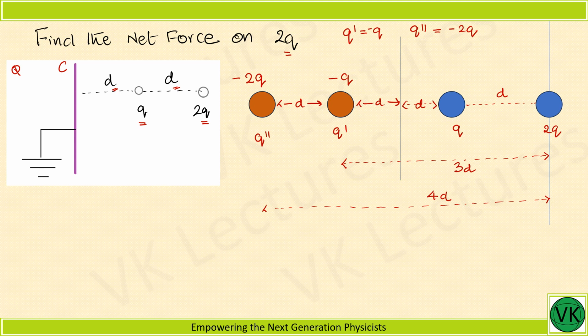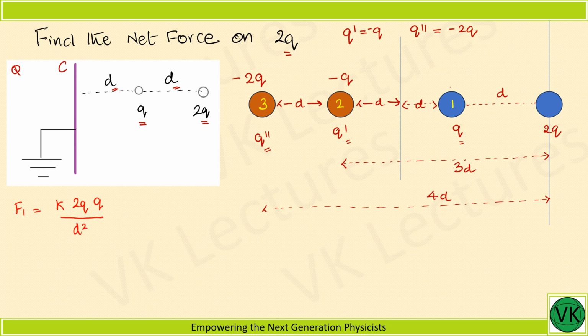So we have to find the net force, the force due to charges q, q dash, and q double dash on 2q. Let us number them 1, 2, and 3. So let's calculate F1, the force due to charge 1, which is equal to K 2q into q divided by d squared.